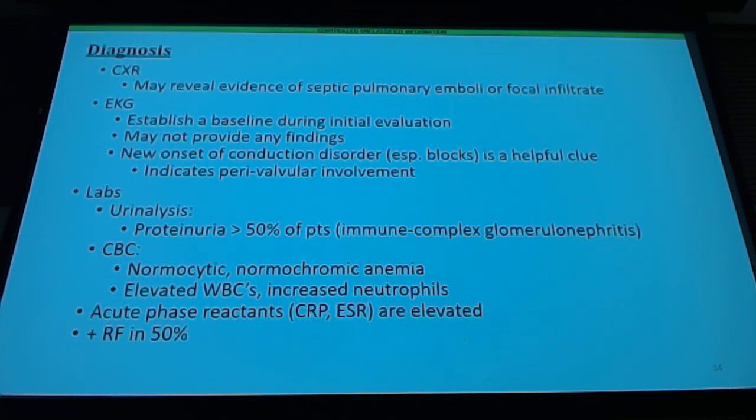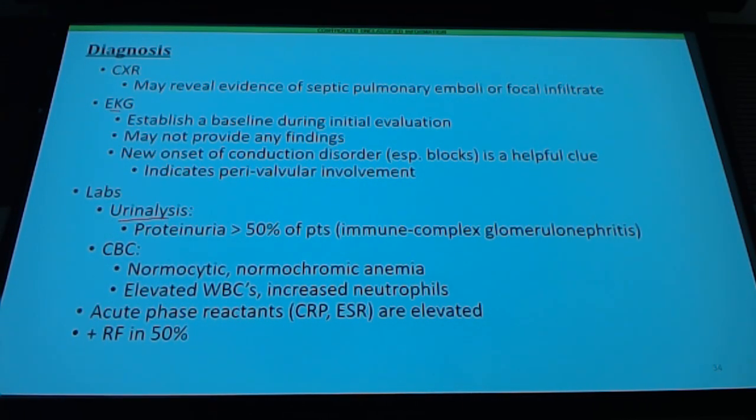So what other ancillary studies do you want to get? Well, let's do a chest x-ray. Let's make sure there isn't any kind of pulmonary septic emboli. Let's get an EKG. Let's see what their conduction system is looking like. Let's see if there is any evidence of heart blocks or bundle branch blocks present because of the vegetation growing into the walls and affecting the normal conduction system.